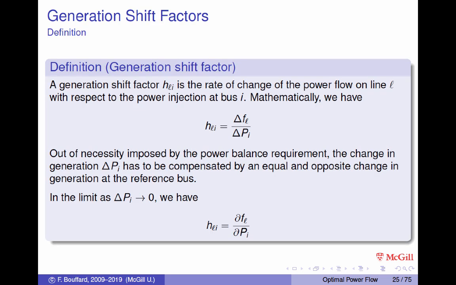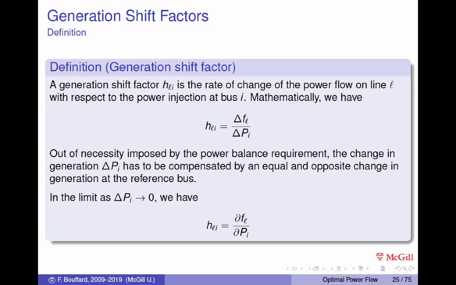So, what we're going to start by defining are what we call shift factors. So shift factors are, again, taking into account that we are in a linear version of the optimal power flow. Shift factors basically determine the impact of changing a power injection at a node and calculating its impact on a given branch.